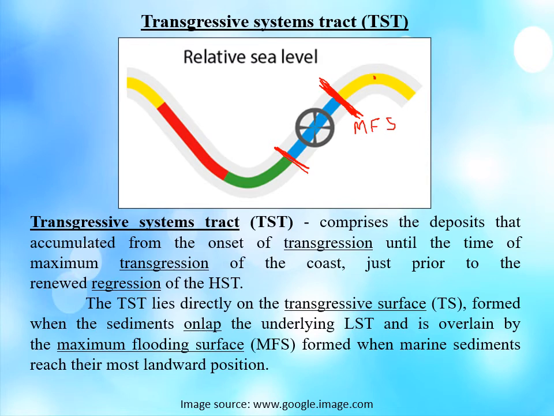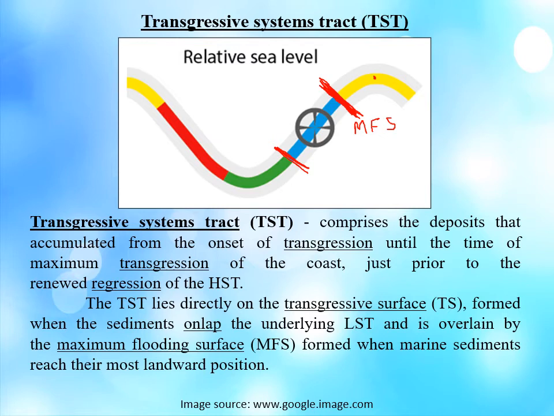Because in this yellowish portion, as I already told you, the curve becomes gentler. So in this portion, my rate of accommodation space and my rate of sediment supply are almost equal, or sometimes the rate of sediment supply surpasses the rate of creation of accommodation space.